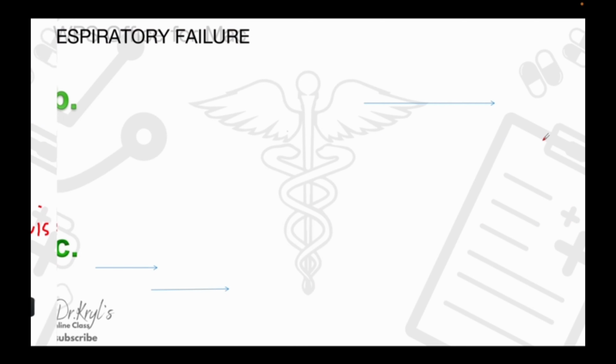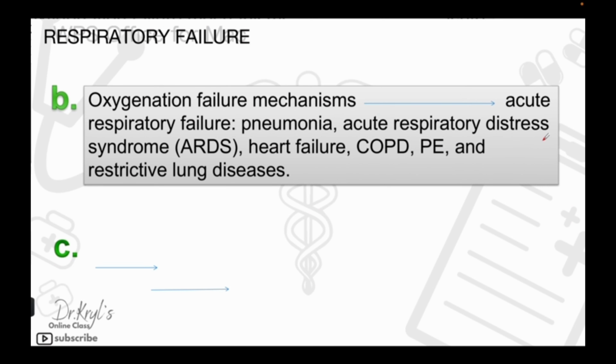And another one is oxygenation failure. Okay? When there are oxygenation failure mechanisms that lead to acute respiratory failure, that includes pneumonia, acute respiratory distress syndrome or ARDS, heart failure, COPD, pulmonary embolism, and restrictive lung disease.